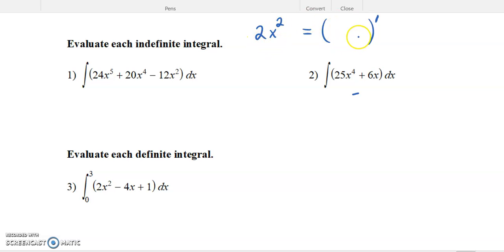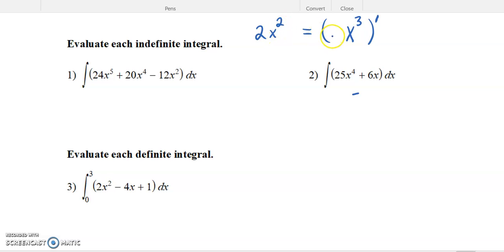If I were to take the derivative using the power rule, you'd decrease the exponent. So I know that this would have to be a power of 3. The tricky part is here, you're going to want to know what number is in front to get 2.